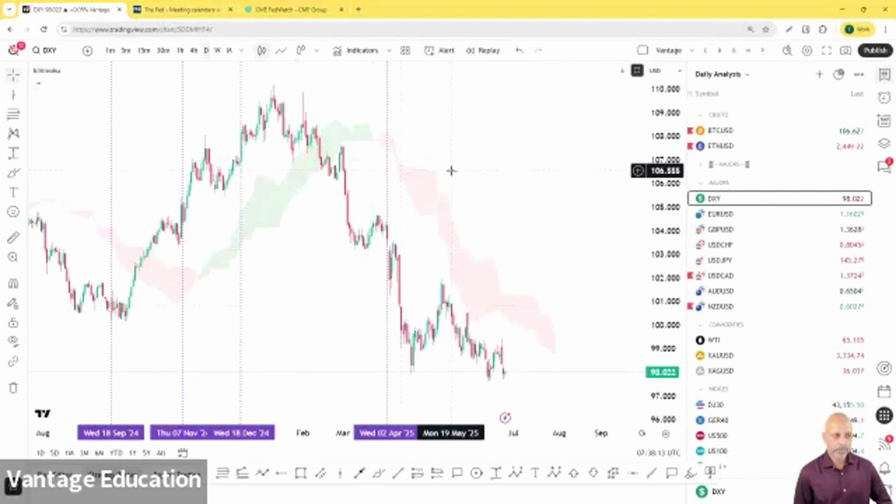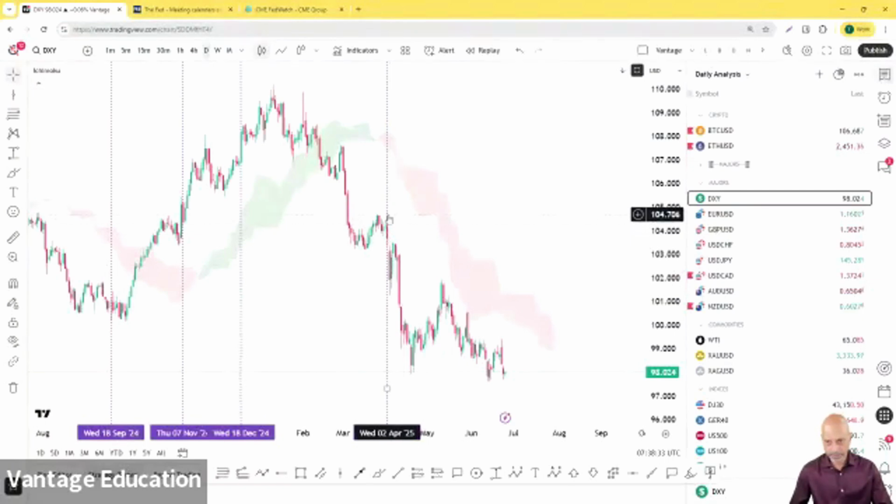Although some trade frameworks have been approved, so to speak, we don't have an official trade policy signed off just yet. So that still keeps the level of uncertainty relatively high, and that means the dollar is likely to continue to drop lower as well.